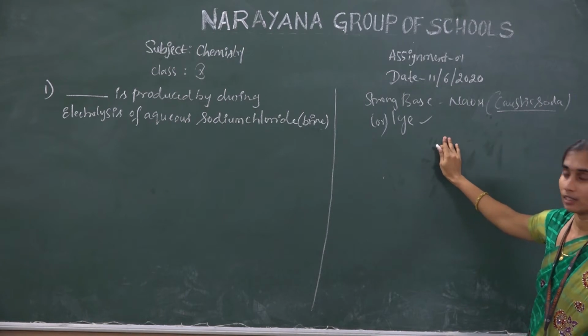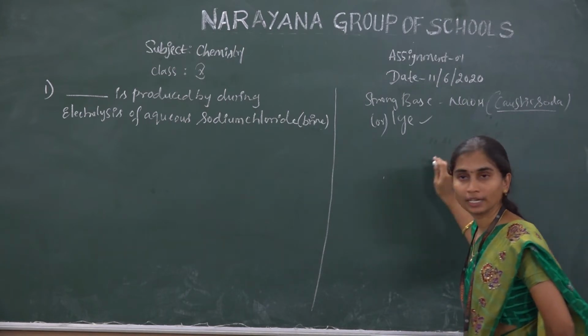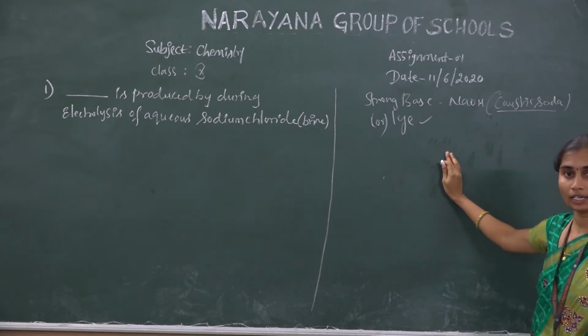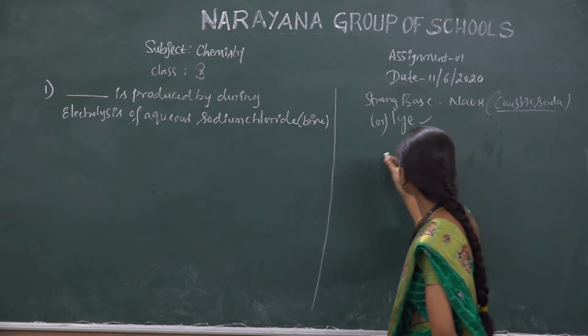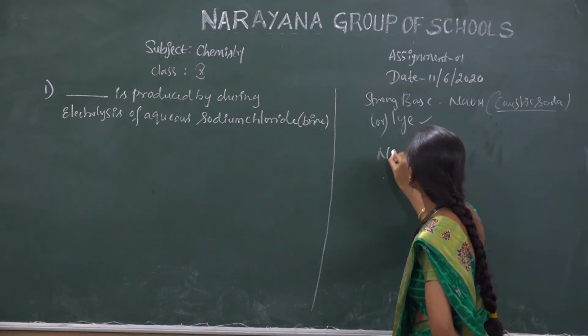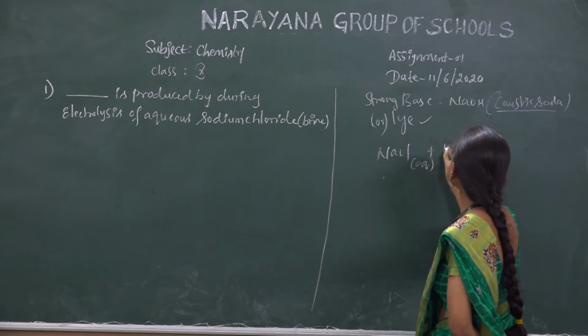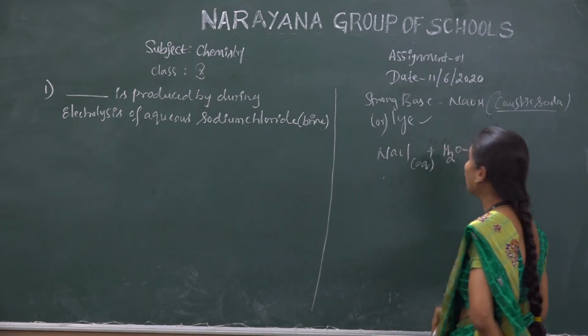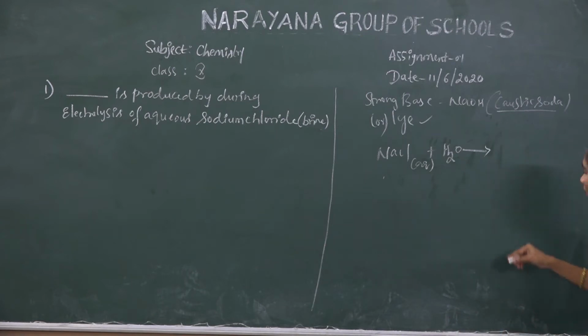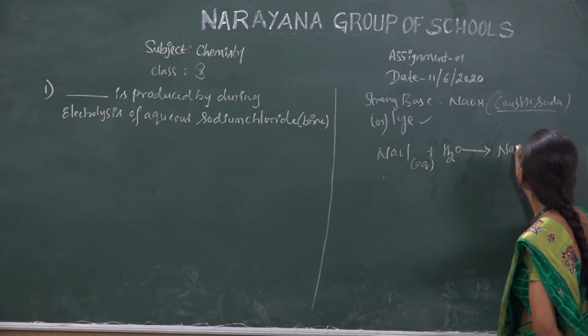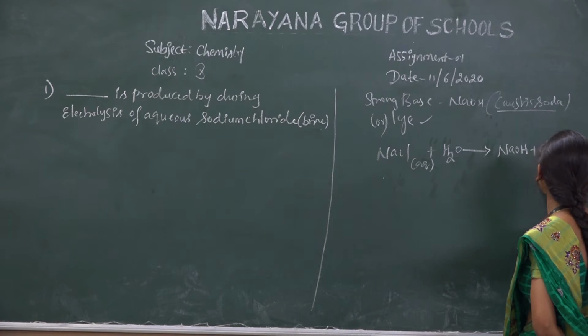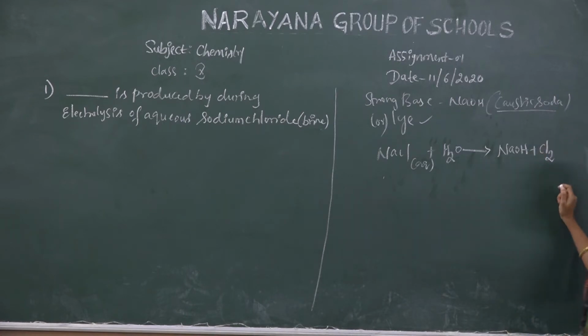In this case, hydrogen is deposited at the cathode and chlorine at the anode. Let us see the reaction. Sodium chloride on electrolytic decomposition gives sodium hydroxide, chlorine deposited at the anode, and liberation of hydrogen gas.